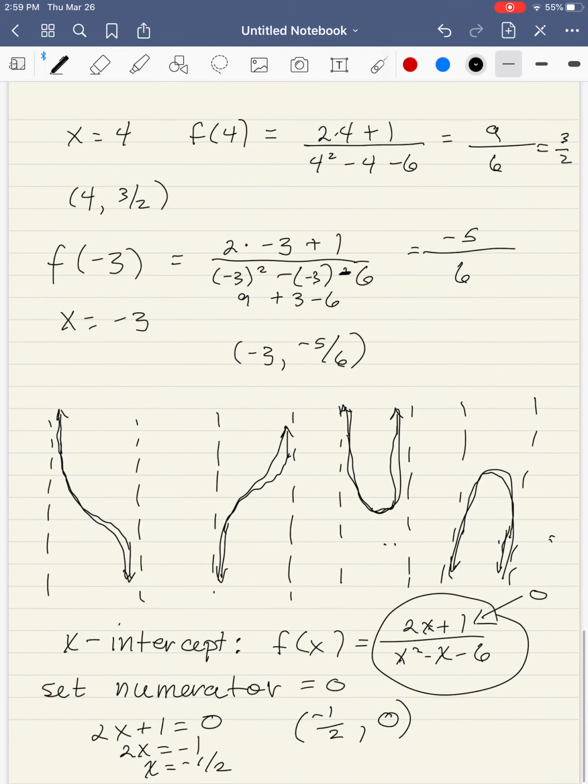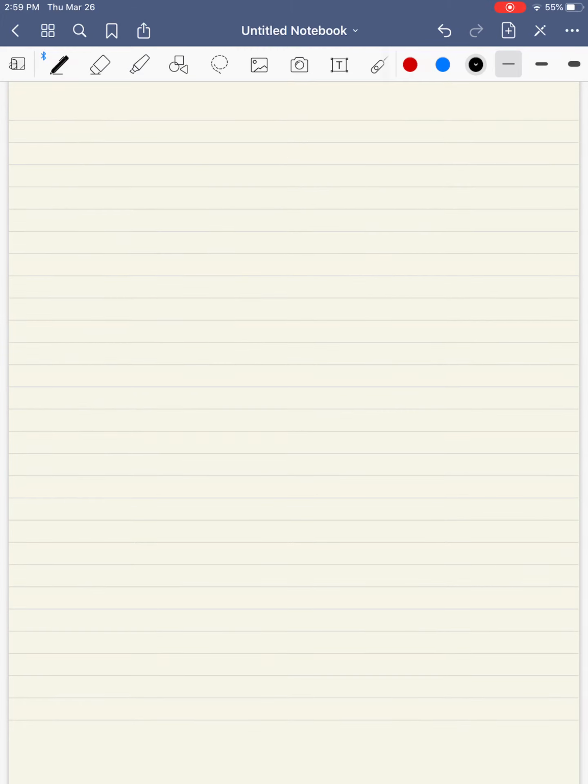Now we're going to go back and find the y-intercept. In this one, we're going to do exactly the same way that we have always found y-intercepts, and that is to let x equal 0 and find y.